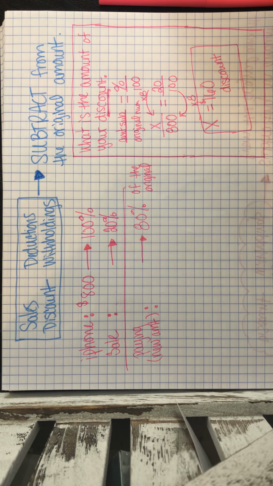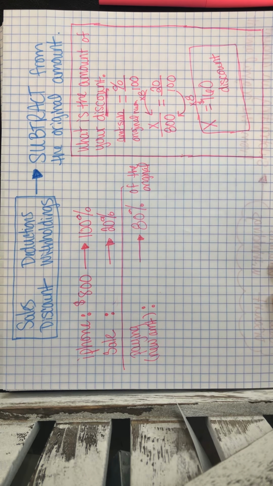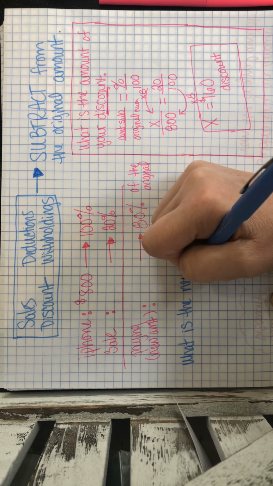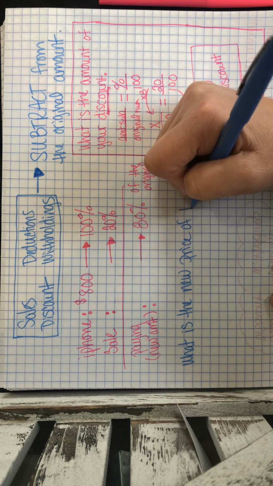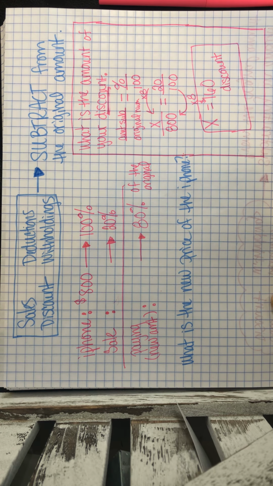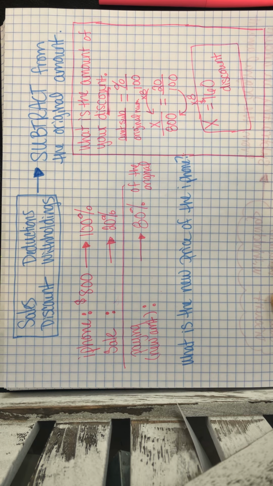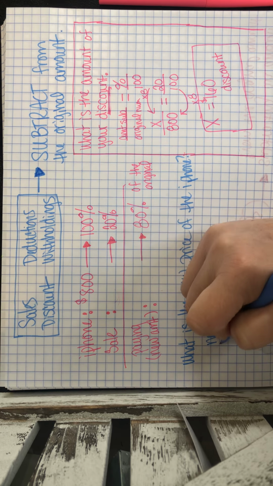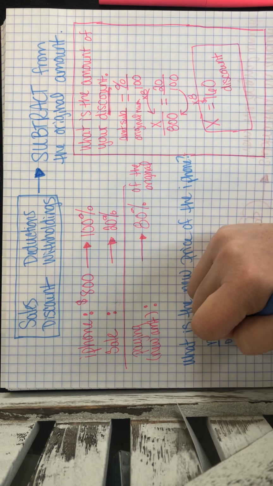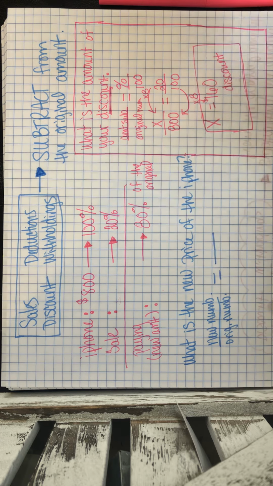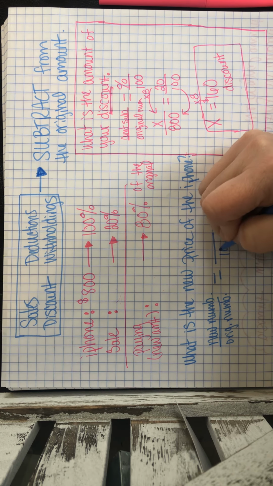So if we want to know what is the new cost, what is the new price of the iPhone, we want our new number over the original number, and this time it equals, the original number is always 100%, right?